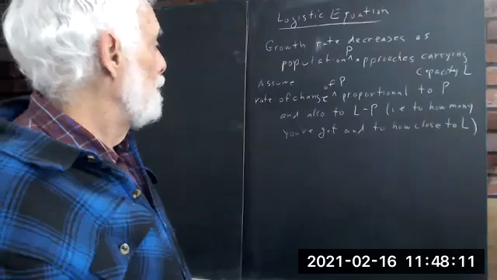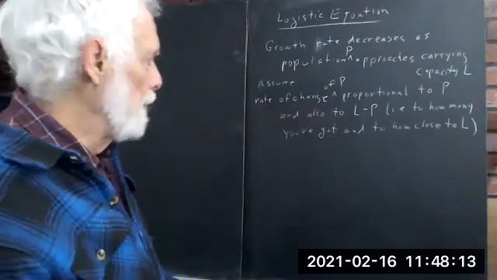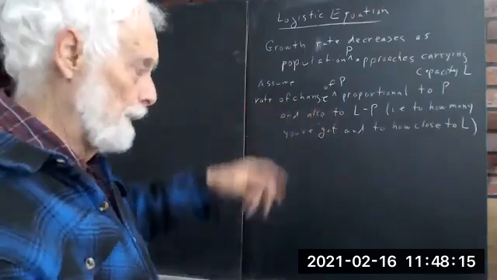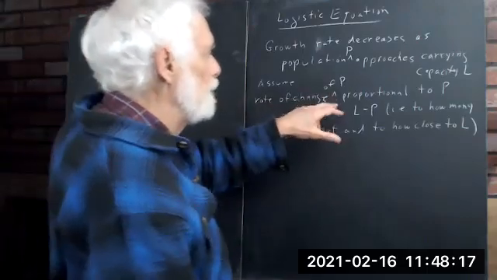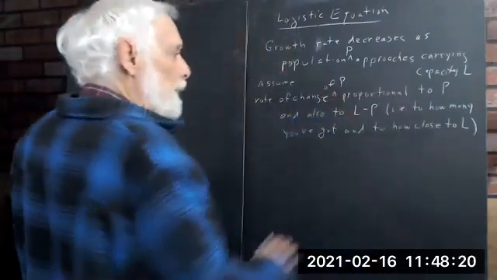Really we're talking rate of change of population. That's what Y prime is, or P prime. Rate of change of P is proportional to P, and also to L minus P.